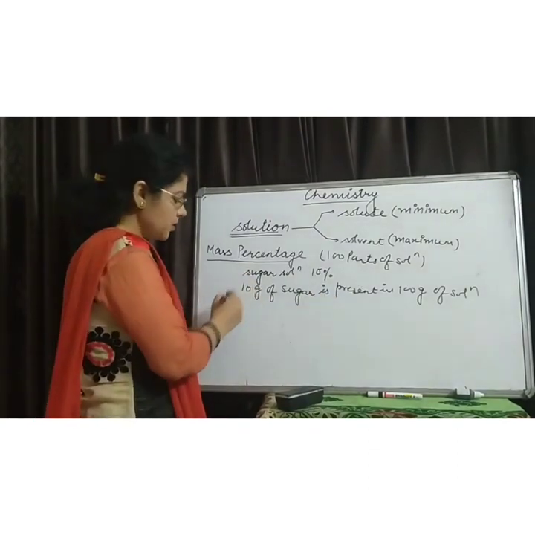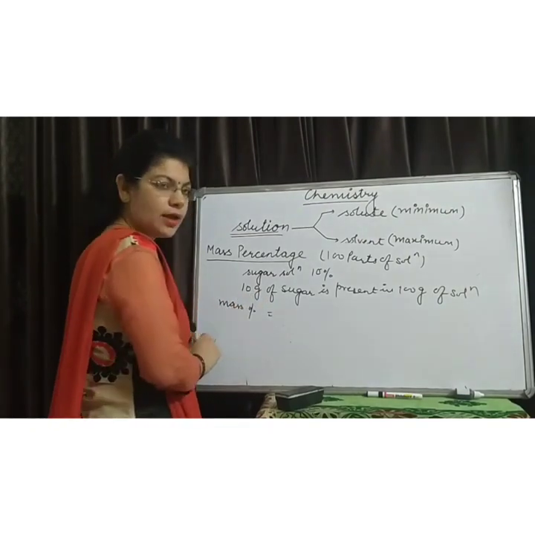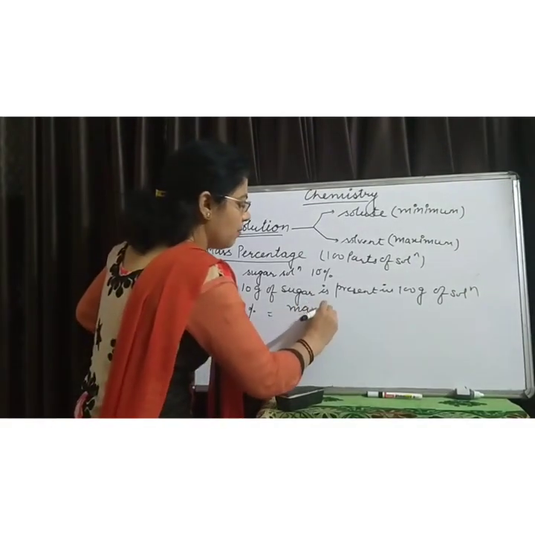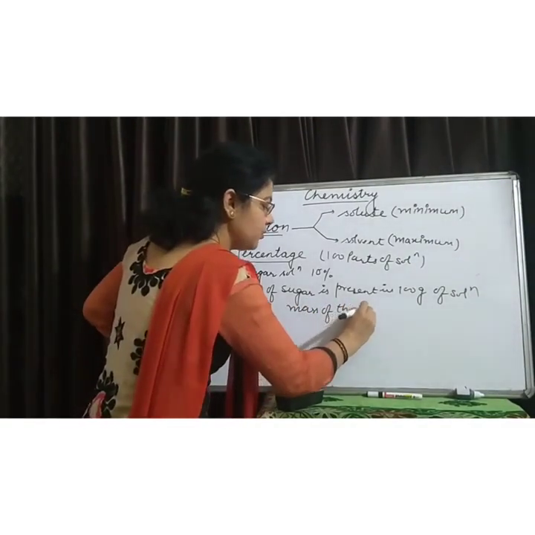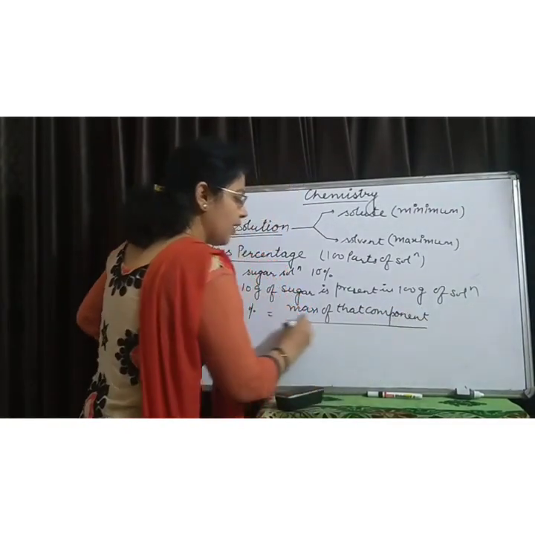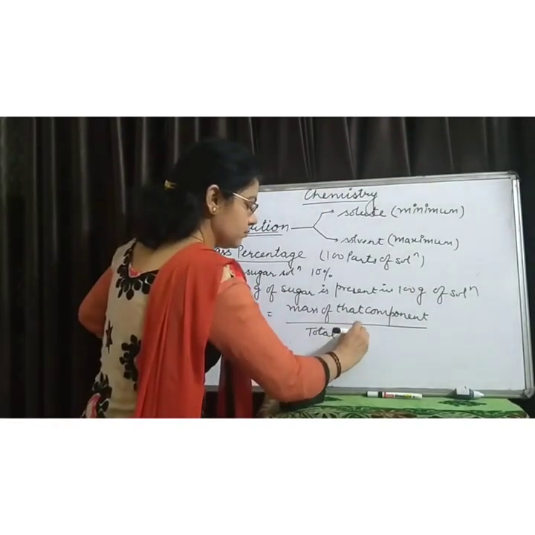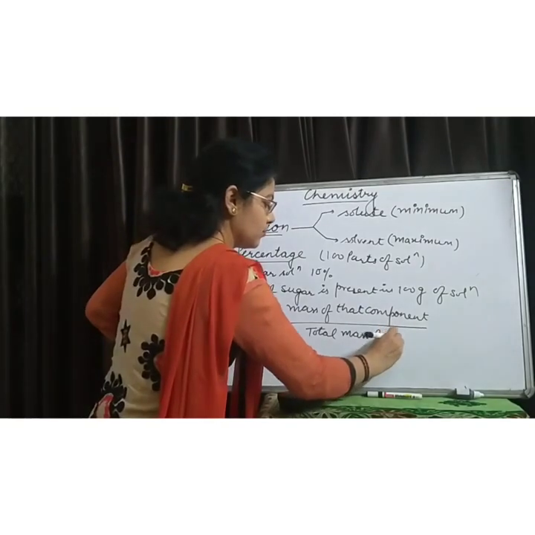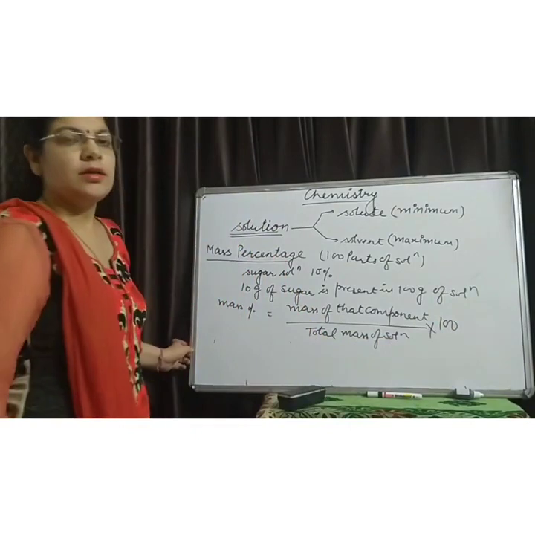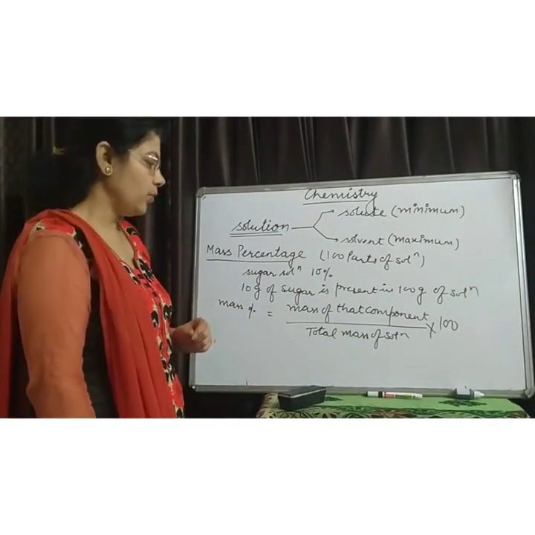Therefore, mass percentage of a given component can be calculated as mass of that component divided by total mass of the solution and multiplied by 100. This mass percentage does not have any unit.